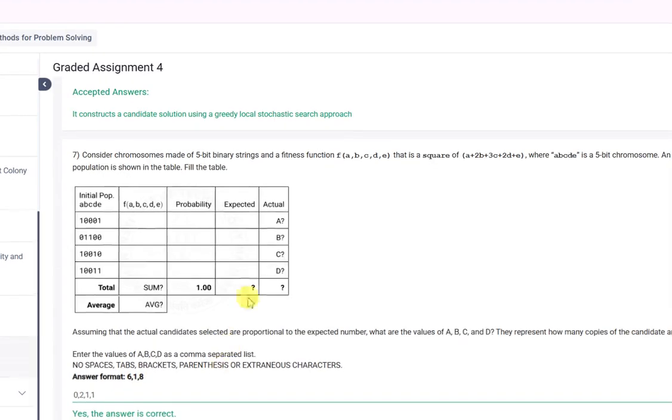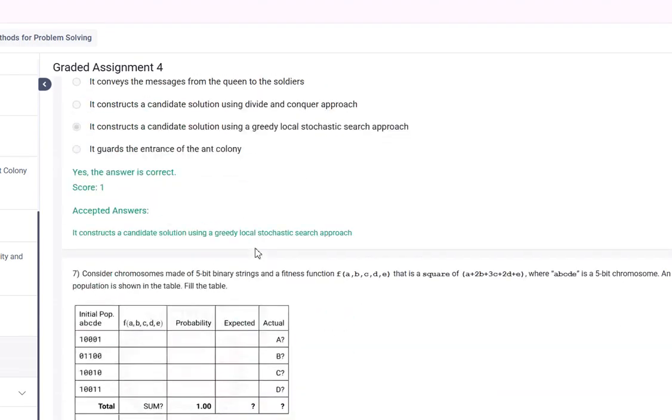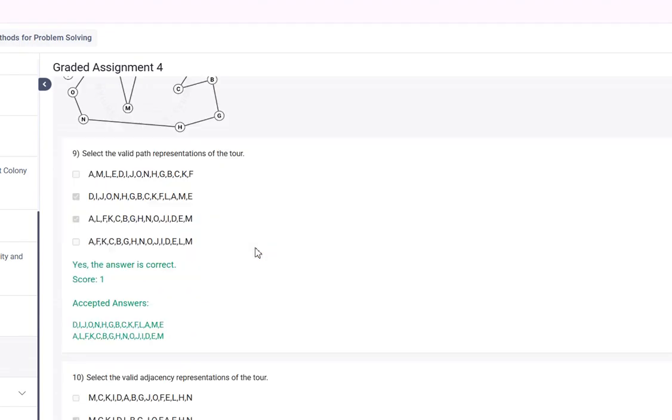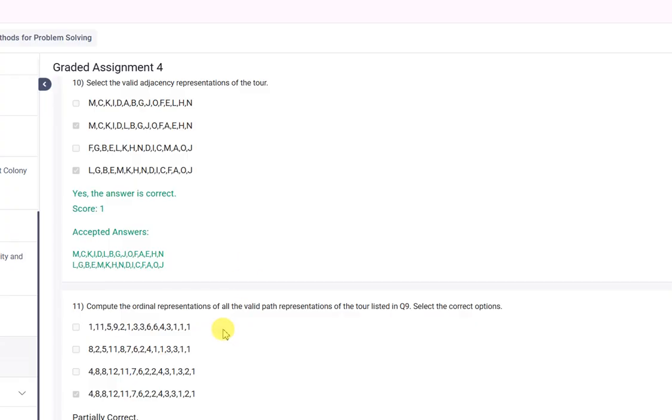And again, we are trying to find an adjacency list, adjacency path, or adjacency representation. Here we are trying to find the ordinal representation.